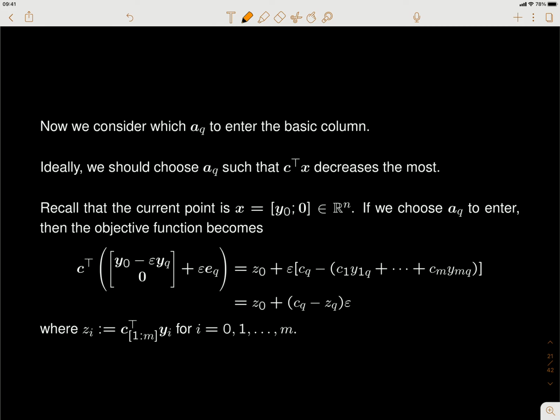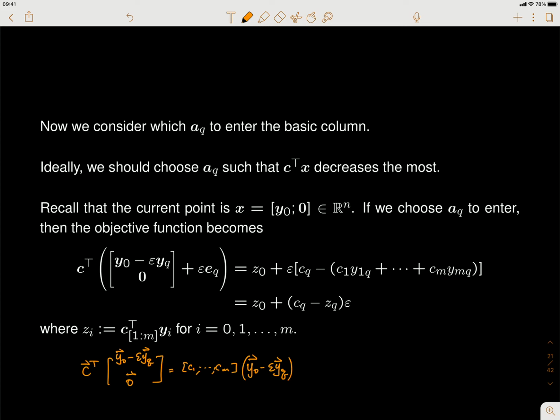That would be equivalent to the transpose of y0 minus epsilon yq, the same as the vector c1 through cm. So these are just the first m components of c times this y0 minus epsilon yq. Sorry, just this itself, we don't have this 0 anymore. This is my vector.